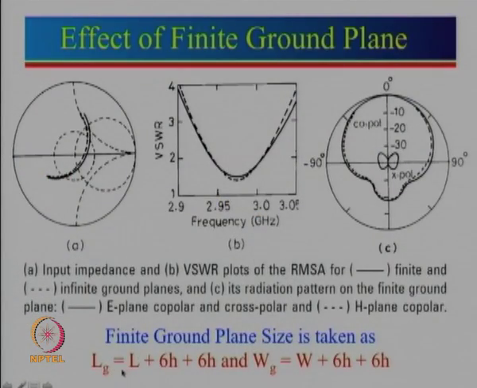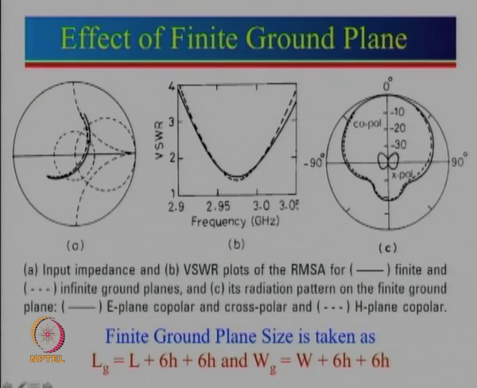What we realize is that if the ground plane size is more than the length, 6h on one side and 6h on the other side, similarly for the width of the ground plane, 6h on one side and 6h on the other side. In reality, if L and W are the patch dimensions, you have 6 times the substrate thickness all around. If you do that, then let us see what happens here.